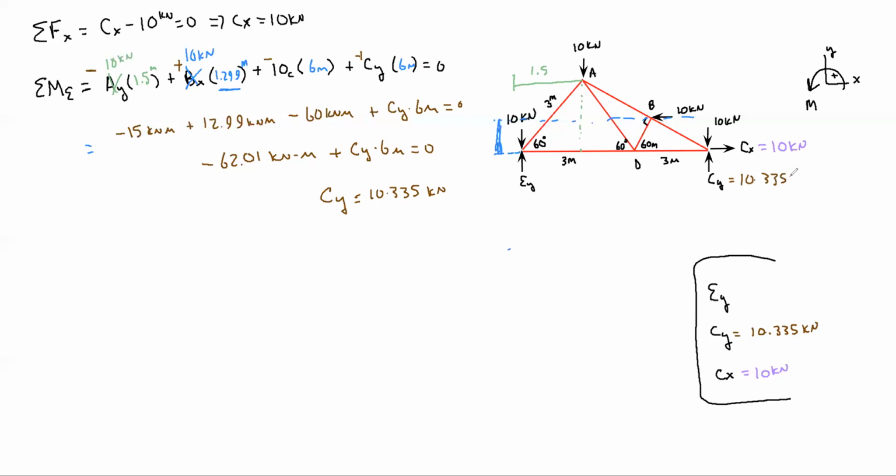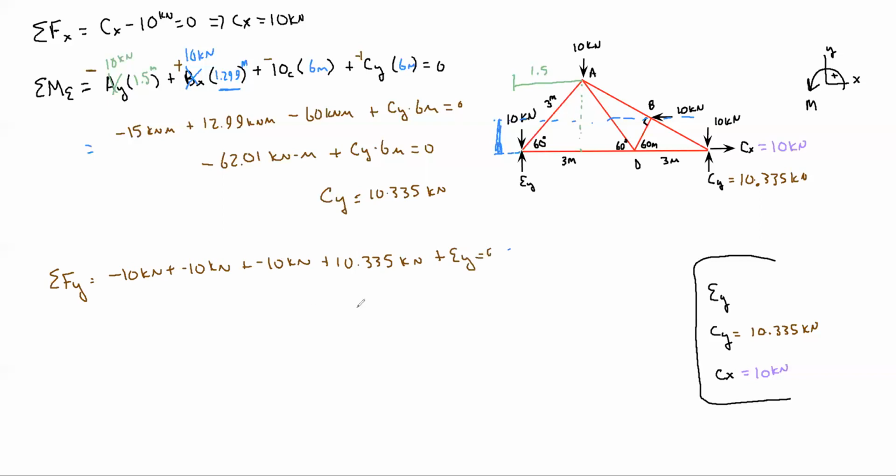And it means that we can finish this problem off using the summation of the forces in the y direction. So what have we got? Negative 10 kilonewtons plus negative 10 kilonewtons plus negative 10 kilonewtons plus 10.335 kilonewtons plus EY is equal to 0.